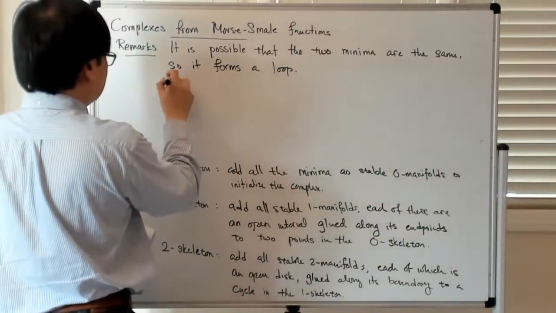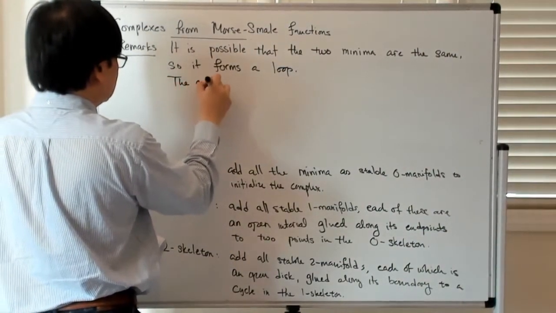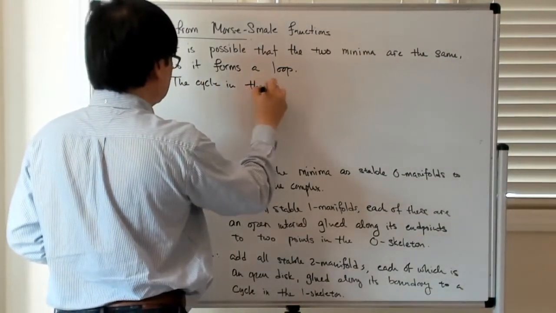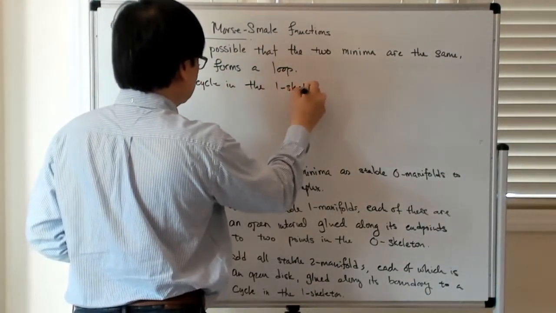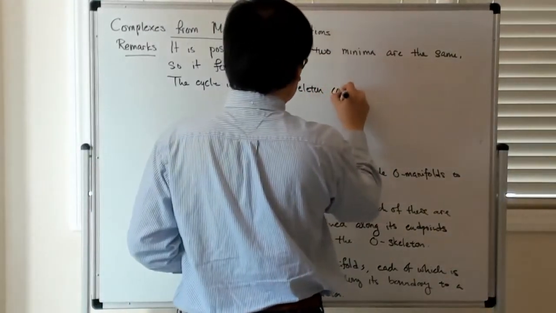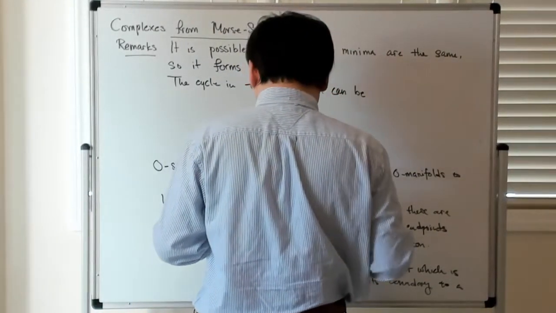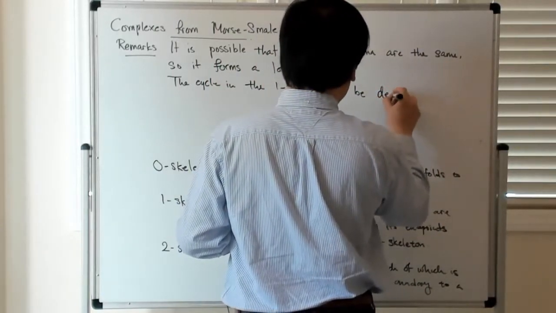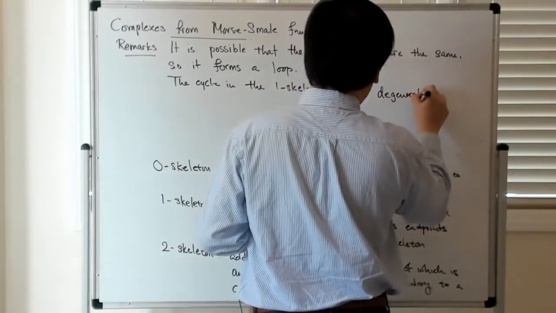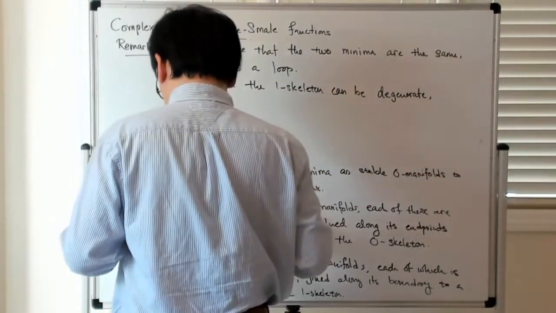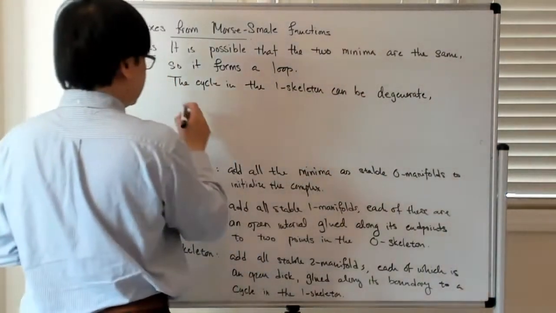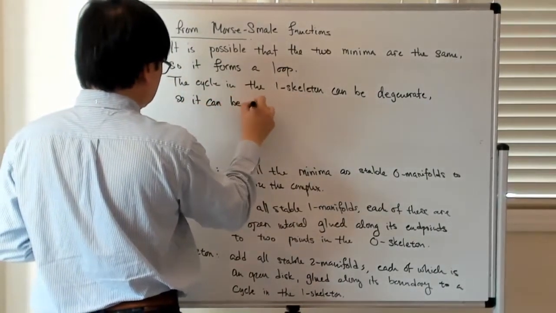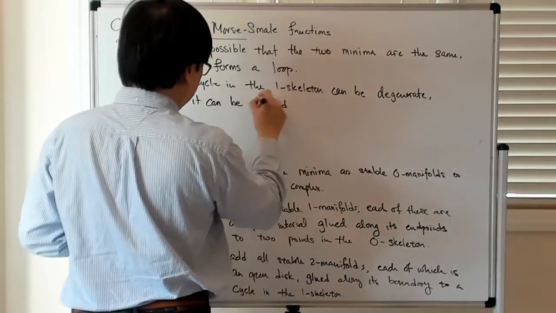Then the cycle in this one skeleton can be degenerate, so it's in essence a point. It can be pinched, or even a point.